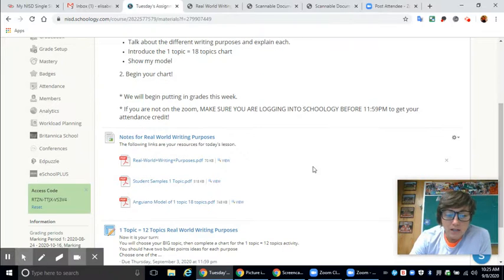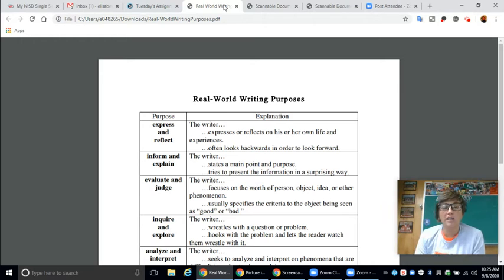A couple of notes for real-world writing purposes. I want to start with talking about writing in general. I know that a lot of us view writing as difficult and time consuming, and some of us really don't like it. We view it as something that we have to check off in academics, and it's really a lot more than that.